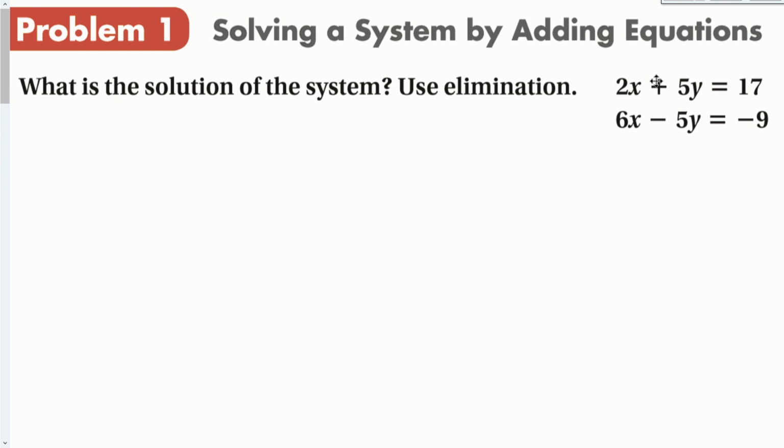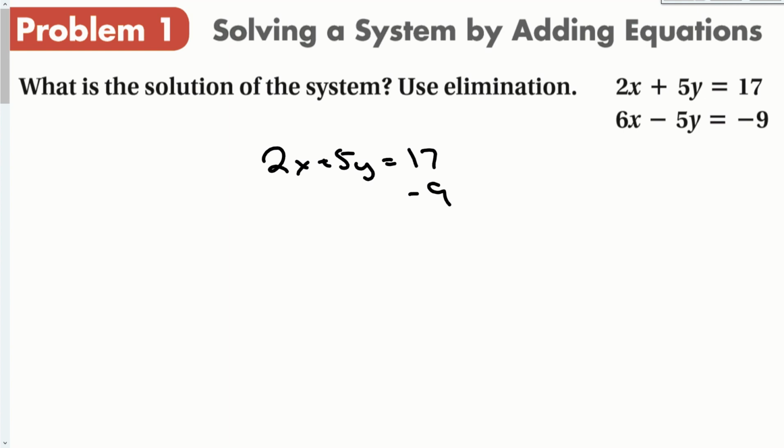None of them are easy to get alone. But what I do notice is that these two are opposite of each other. So, again, from the properties I just looked at, I am allowed to add whatever I want to both sides of the equations as long as I do the same thing to the left as I do to the right.